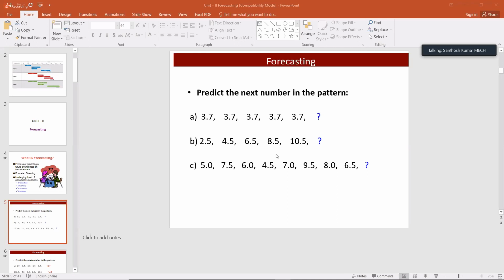Give me the answer for B. 12.5. Okay. Roll number 62. Roll number 28.